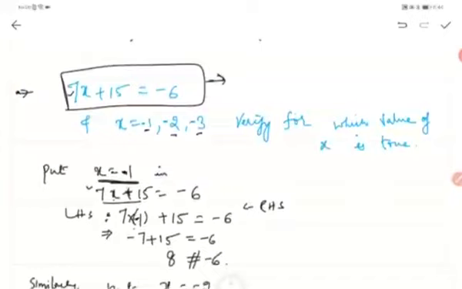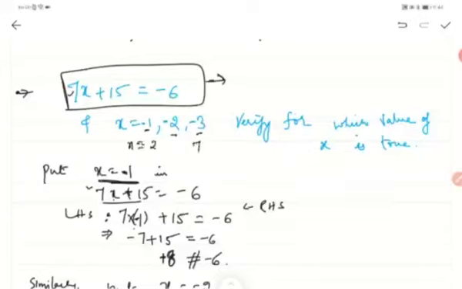Minus 7 plus 15 will give you 8, isn't it? 15 minus 7 is plus 8. This is not equal to minus 6. So go for x equal to minus 2.